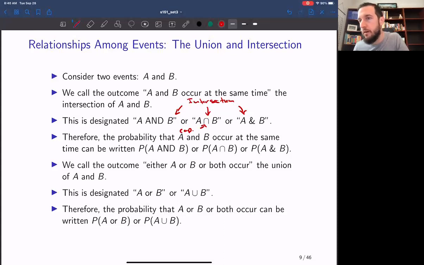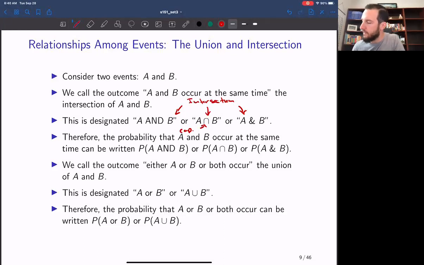Okay, the other event that we will see quite often is the union. So again, starting from the point where we have two different events in the same sample space, the union represents the space where one of the two events can occur or they both occur. So the intersection is part of the union.